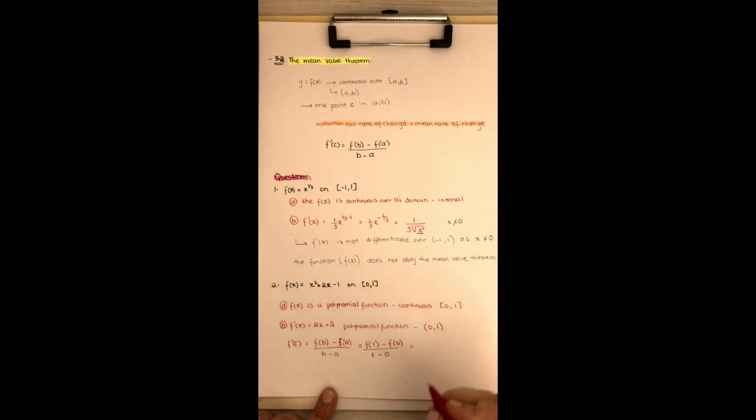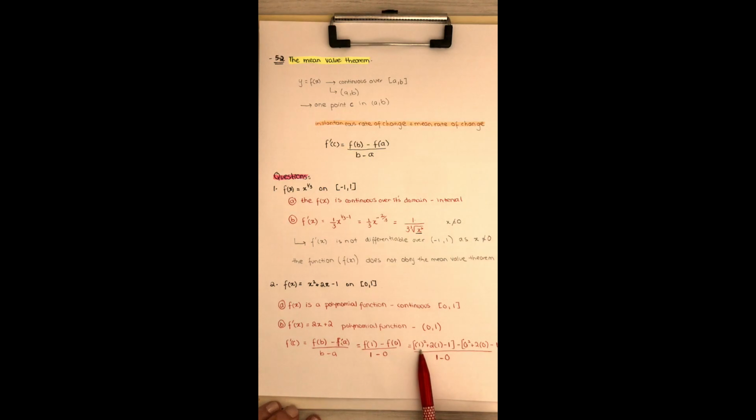Here I can write 1 squared plus 2 multiplied by 1 minus 1, minus 0 squared plus 2 multiplied by 0 minus 1, in which the whole thing is divided by 1 minus 0.